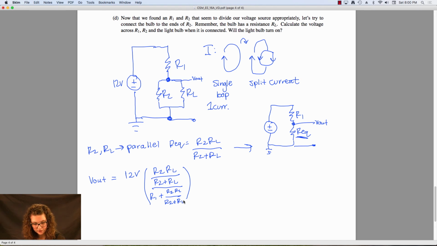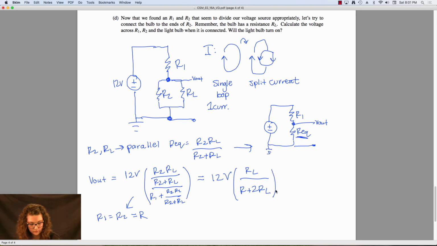After a bunch of simplifications, which I'm not going to copy onto here, I got that it is equal to this: 12 volts times R. One thing I did substitute in as well is we knew that R1 and R2 were equal previously, so I said R1 equals R2 equals some general R without a subscript. I did that substitution, and then I also did some algebra to get RL over R plus 2RL. So this is our new voltage at that one point.